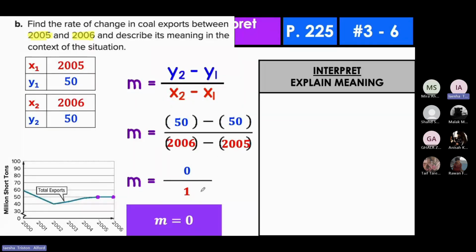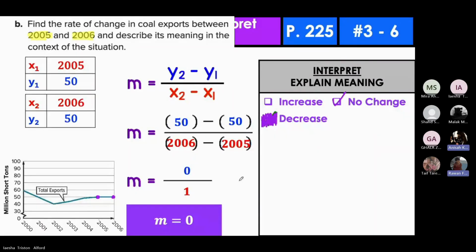So, interpret, explain the meaning. Increase, decrease, or no change? No change. Good. Why no change?